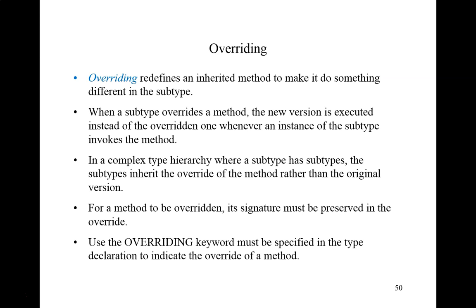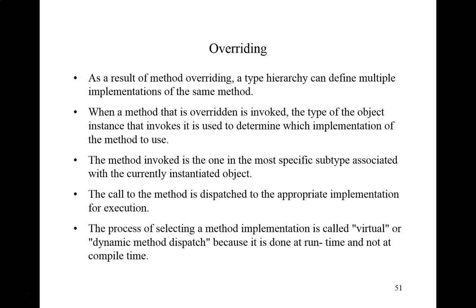We use the overriding keyword to specify in the type declaration and indicate the override of a method. As a result of method overriding, a type hierarchy can define multiple implementations of the same method. When a method that is overridden is invoked, the type of the object instance that invokes it is used to determine which implementation of the method to use.